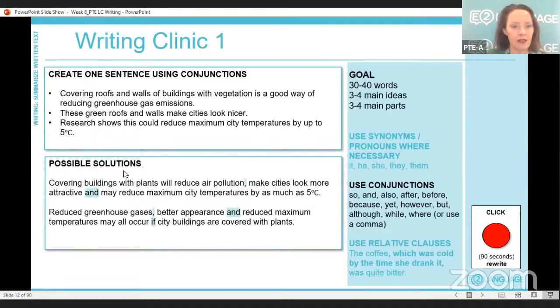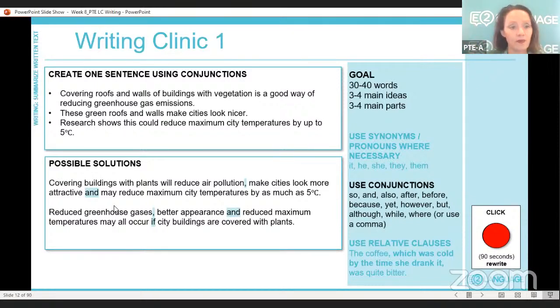So let's look at some options here. So we've got covering buildings with plants will reduce air pollution, make cities look more attractive and may reduce maximum city temperatures by as much as 5 degrees. So notice here, I've just listed all the positives, all the benefits. So I don't actually need a linking word here because it does this, and it does this.